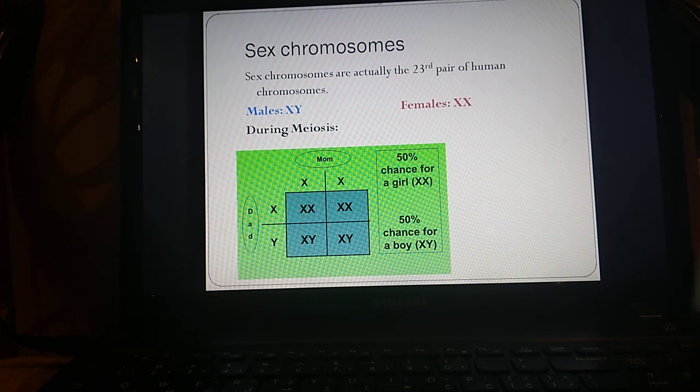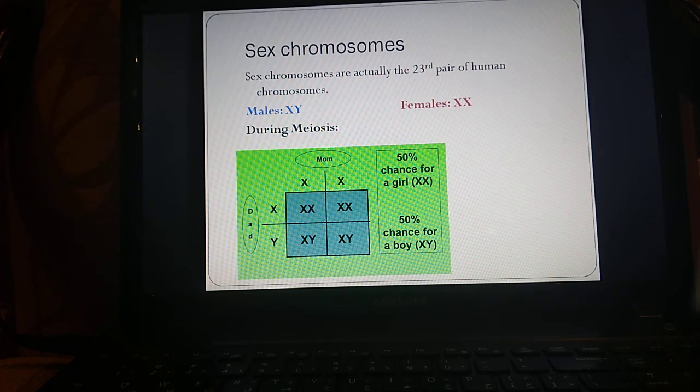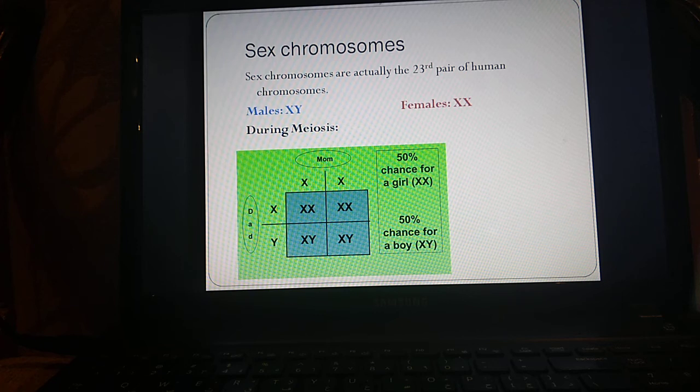Now, we're going to show you what happens when a baby is made. Look at this Punnett square on your left. During meiosis, the mom makes the female cells, the eggs.